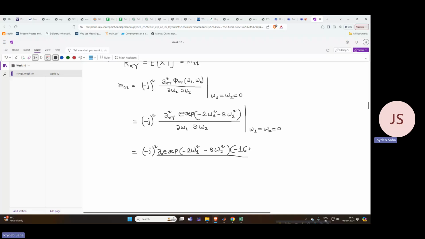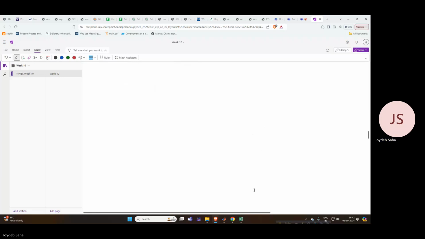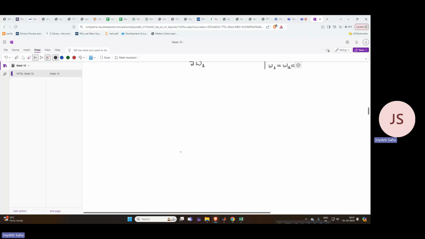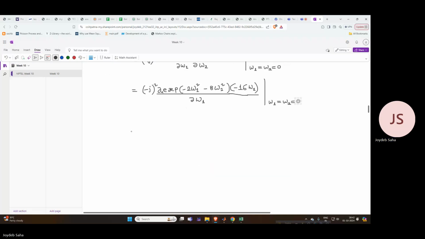Minus 16 omega 2, this is delta omega 1, this is minus j square.